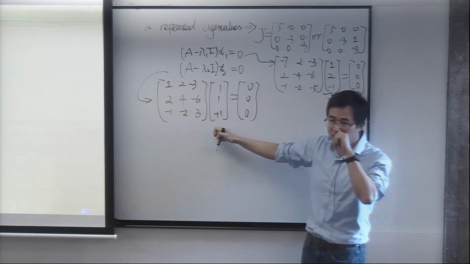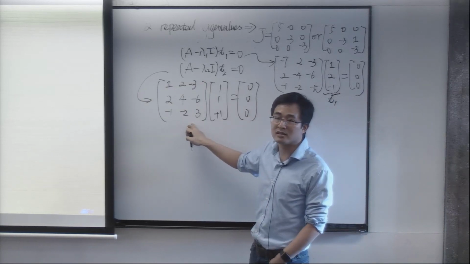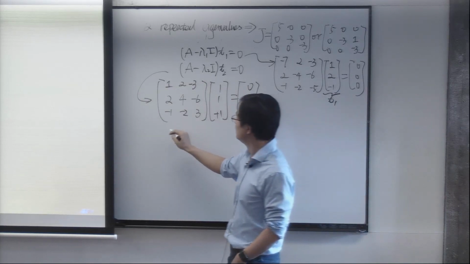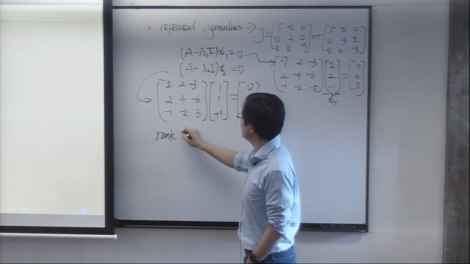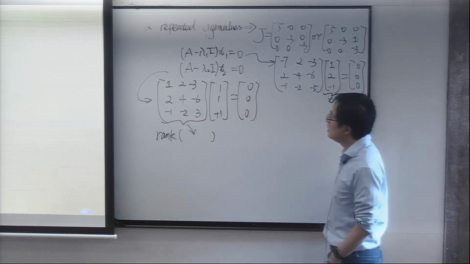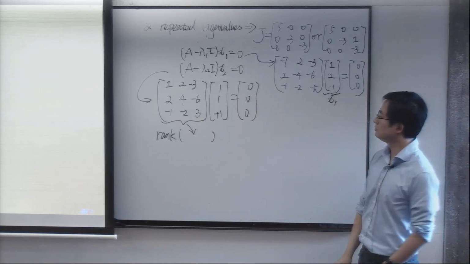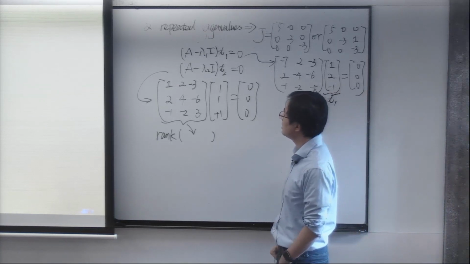What criteria did we mention about how many eigenvectors I can get? Right, so we want to find the rank of this matrix. What is the rank? Someone is saying 2. Any other suggestions?